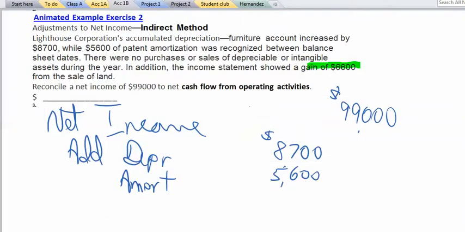So if we left the gain on the income statement, we'd double report it. So we're going to neutralize that, and I'm going to take the gain on the sale of land, $6,600. I'm going to subtract that.